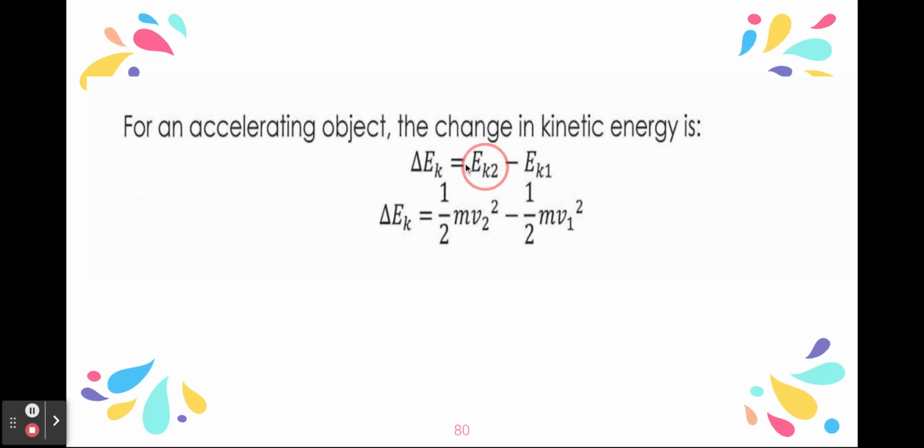We need to find the kinetic energy of the cheetah at its fastest speed and at the initial speed that they give us, and then we subtract those answers. So you take kinetic energy 2, your final speed, minus kinetic energy 1, your initial speed. And this is just broken out, 1/2 mass times the second velocity squared, minus 1/2 mass times the first velocity squared.